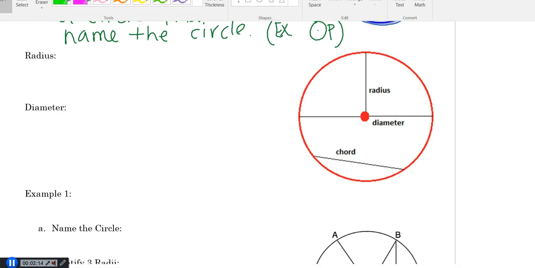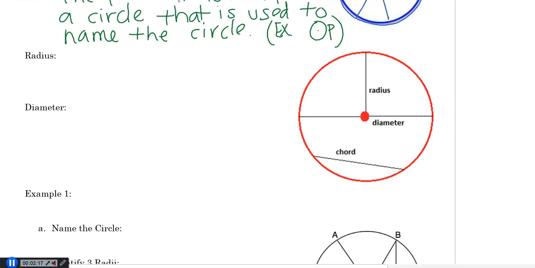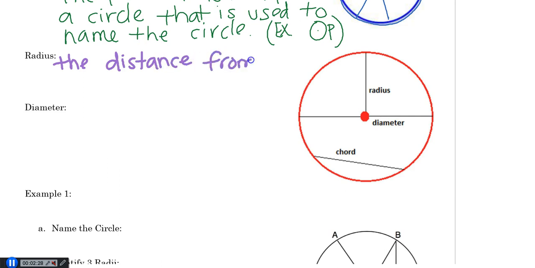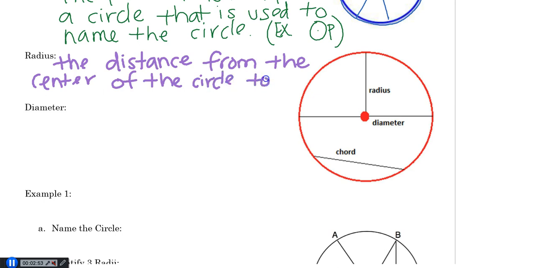So our radius is the distance from the center of the circle to the circle.